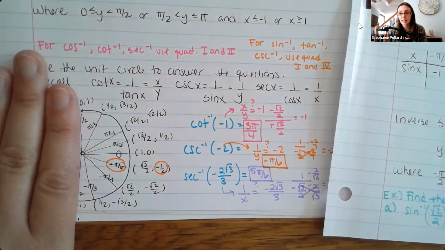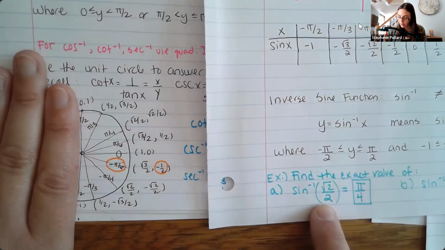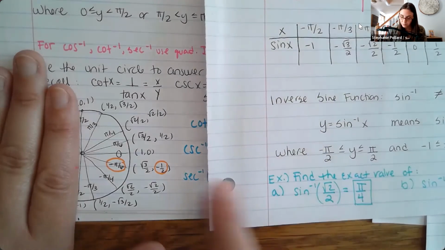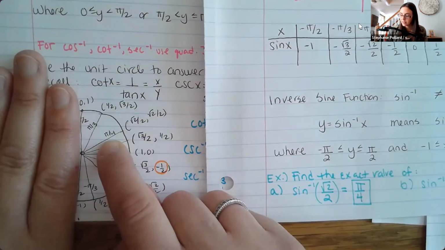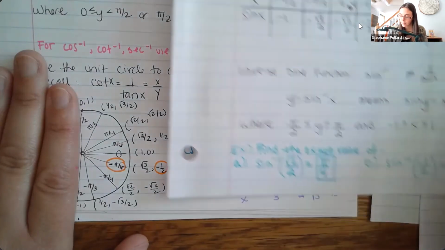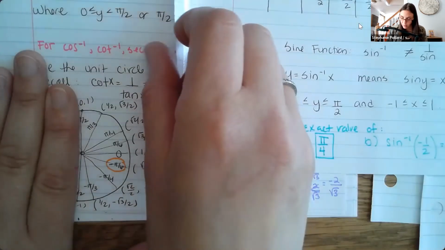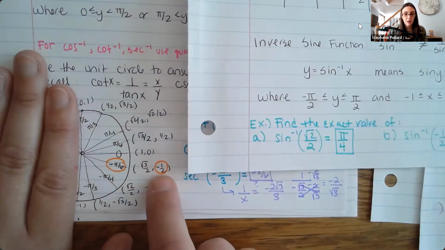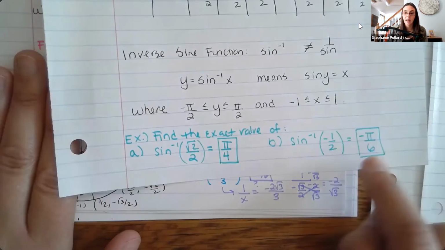And sine relates to the y value. So I would look for this y value here, that's root 2 over 2, and I see it right there. And the angle was pi over 4, which is exactly what we had. When I did the other one, I was looking at a y value of -1/2, and -1/2 is down here, and the angle was -pi over 6, and that was the angle that I got here.